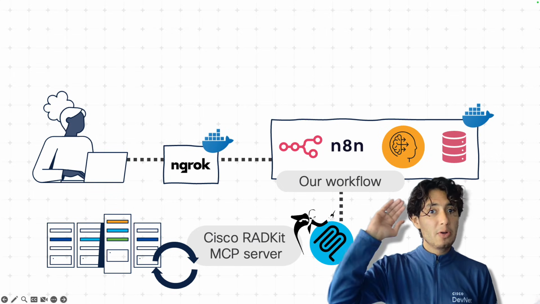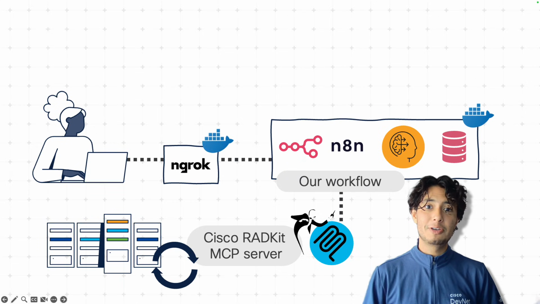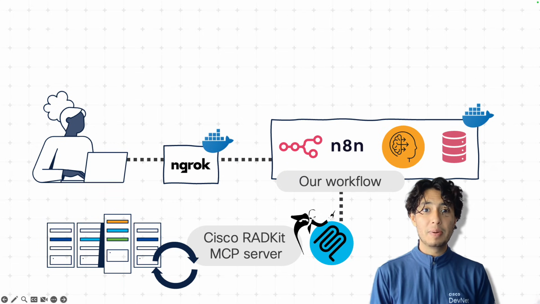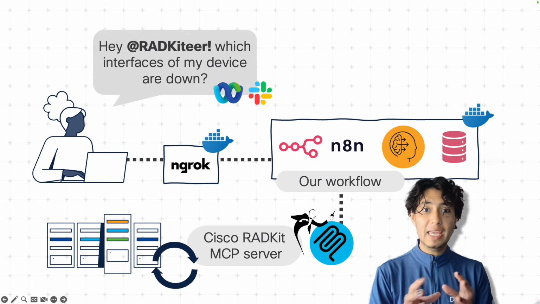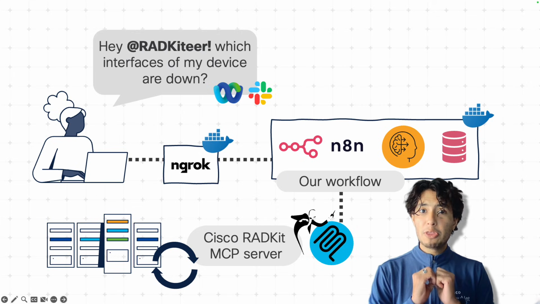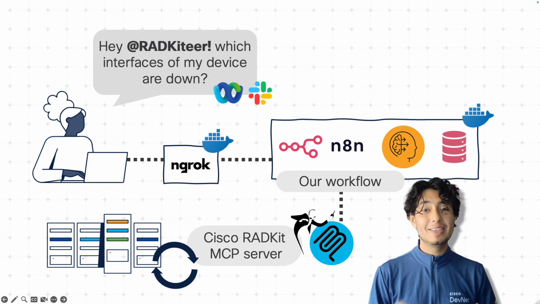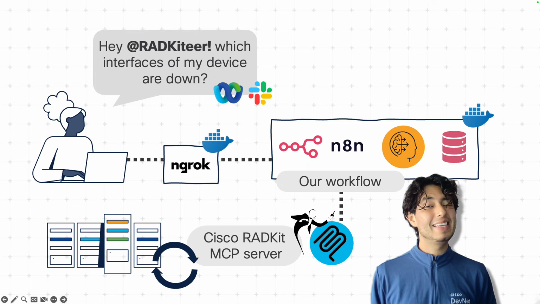We're going to have on the northbound part an ngrok containerized environment so that we can open some tunnels to the internet. These tunnels are going to be used to connect our Slack and Webex Teams services so that at the end of the day, our users will be able to log in to their favorite platform, drop a message tagging a bot, which in this case is going to be our buddy RADKiteer.